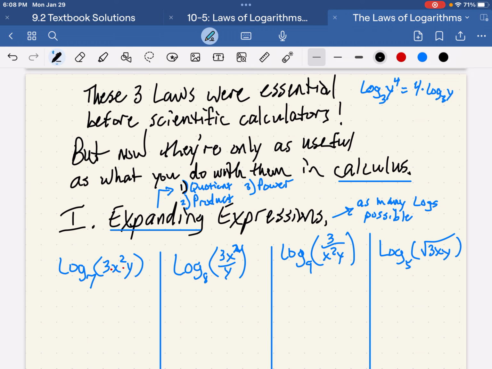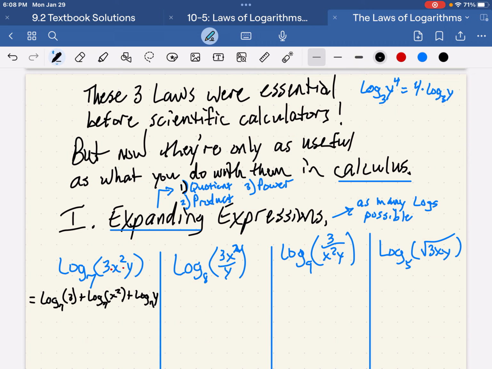But I can go to the product rule and say that this is equivalent to log base 7 of 3 plus log base 7 of x squared plus log base 7 of y. The product rule says that you can take a product and break it apart into additions of separate logarithms.